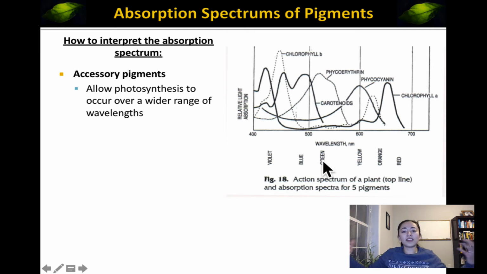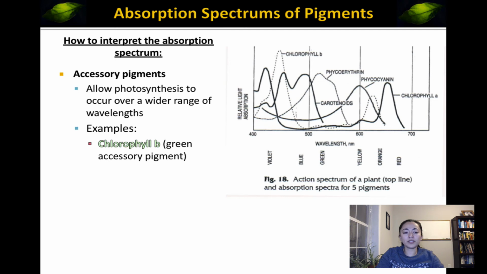So they're broadening the amount of absorbance that's happening. Examples of these accessory pigments include chlorophyll B, which looks like this. What light can chlorophyll B absorb the best? That's around the violet-blue range right here, around 450 nanometers.